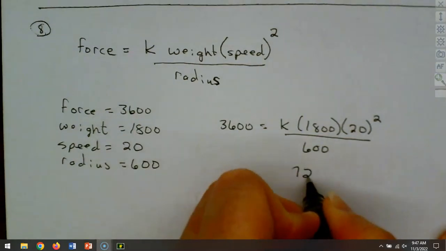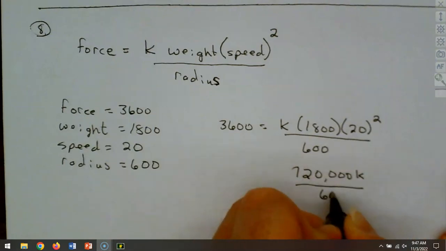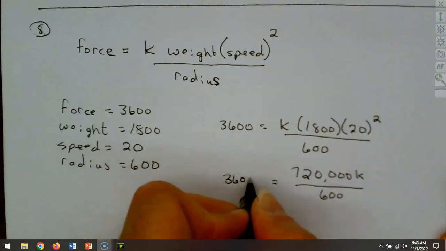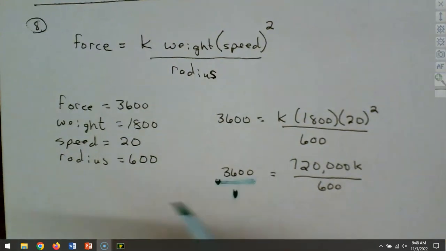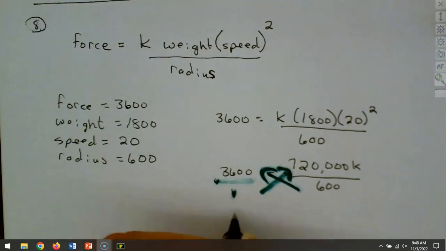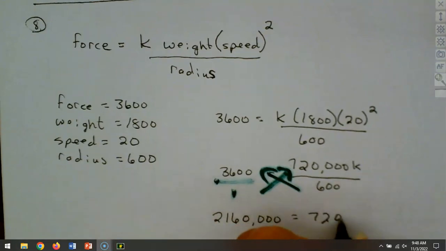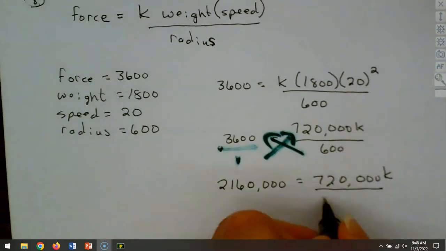That gives you 720,000 K over the 600, and that equals 3,600. And now we can cross multiply and finish, right? You can reduce it too, but I'm just going to go ahead and cross multiply. So 3,600 times 600 gives me 2,160,000, and that equals your 720,000 K. Now we can divide, and we'll reduce this down.